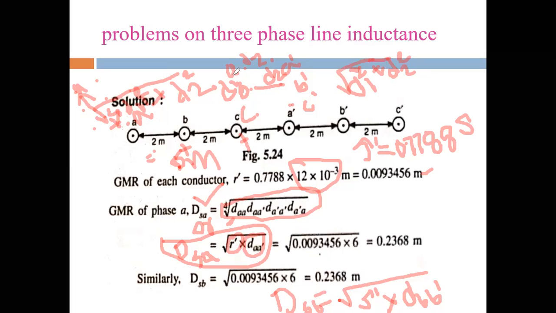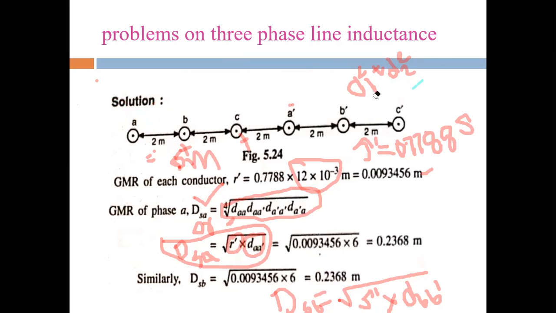That is the distance between A to B dash, or A dash to B, or B dash to C, when the conductors are arranged in parallel. But in this case, the conductors are arranged in the horizontal plane.